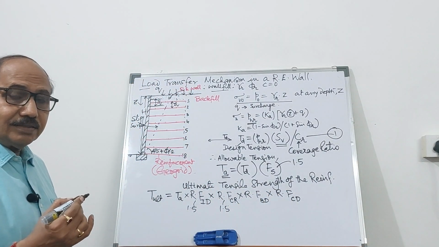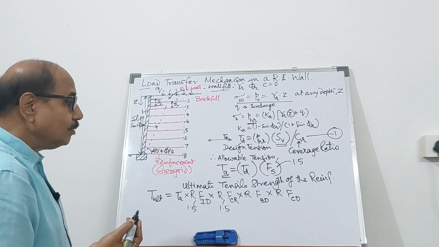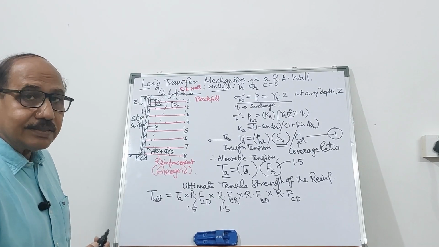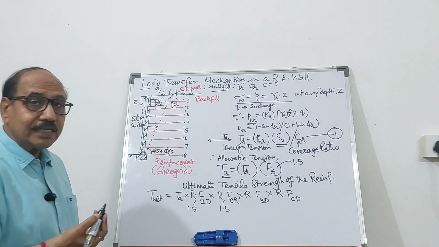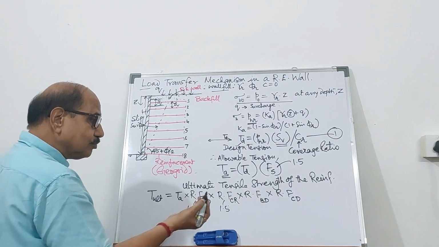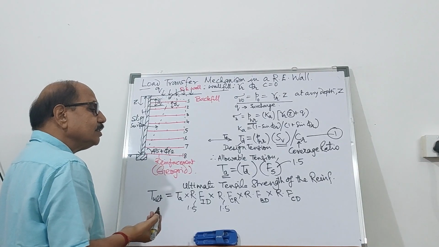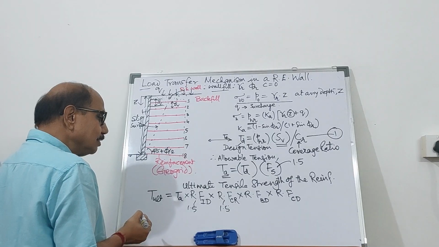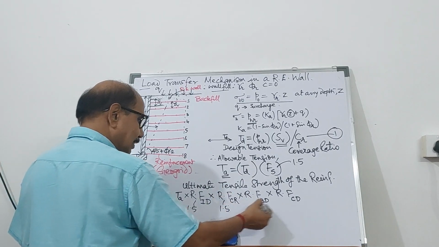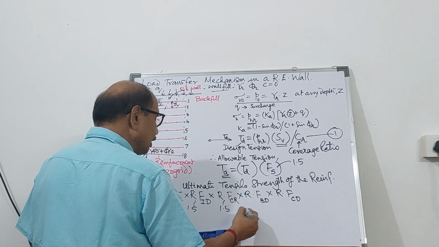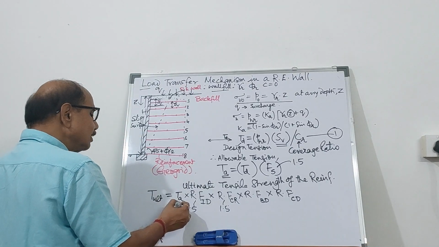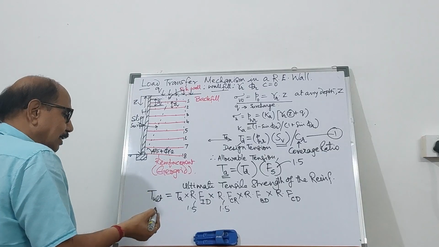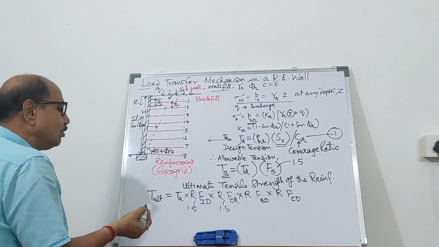Chemically, if it is inert, well and good, but some chemicals also react with polymeric materials such as geogrid and geotextiles. So you will have to take some factor of safety accordingly. Let's say I take these factors as 1.5, then 1.5 into 1.5 into 1.5, I can find out what the value is.